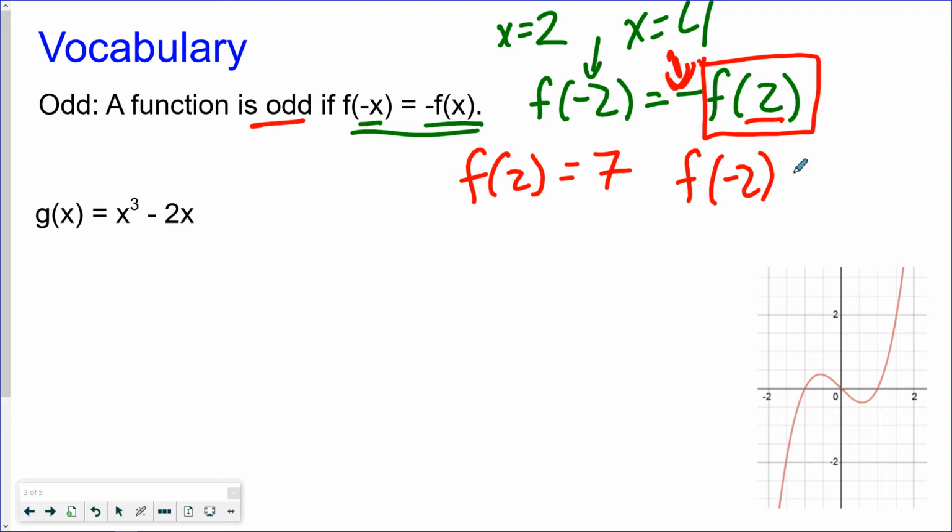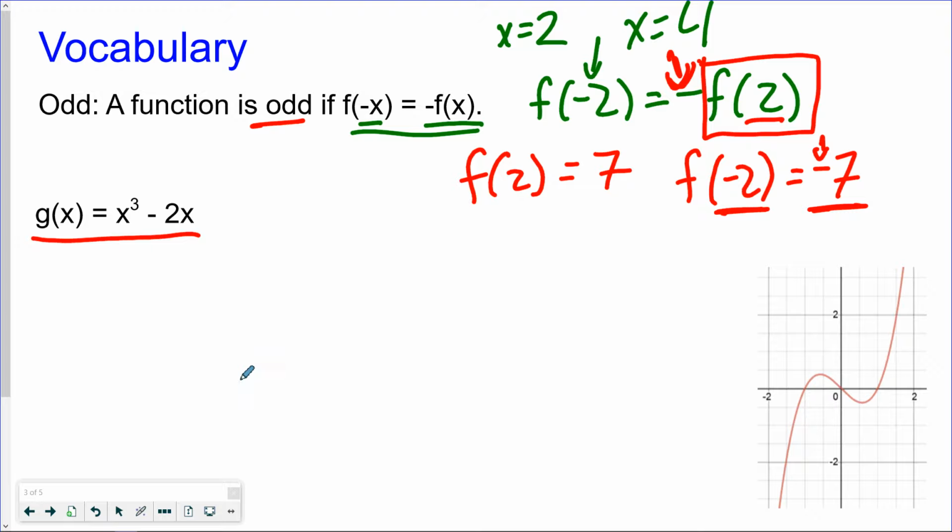So plugging in the opposite sign for the input gives you the same output, but with a sign change. That's what makes it odd. Okay, so here is our example function that we want to look at. Let's test to see if this thing is odd. And we can pick whatever number you want. Don't pick 0 just because it's a little weird, but just pick an integer that you like.